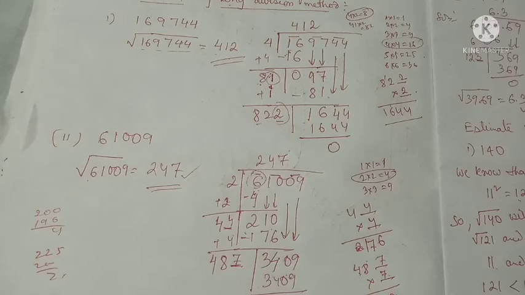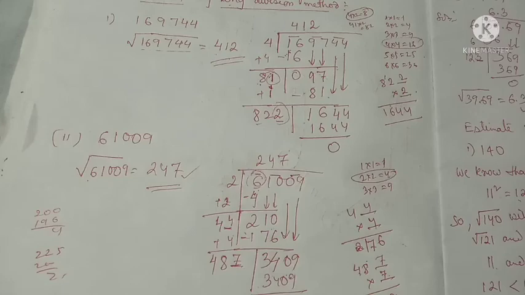We also learned how to find the square root of rational numbers, that is, the square root of a fraction. Then we learned the square root of decimal numbers, and lastly estimating the square root.